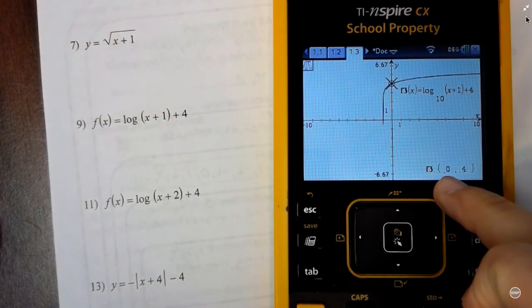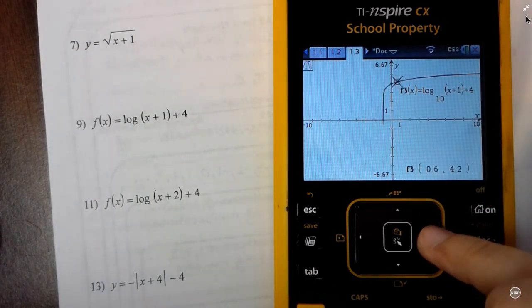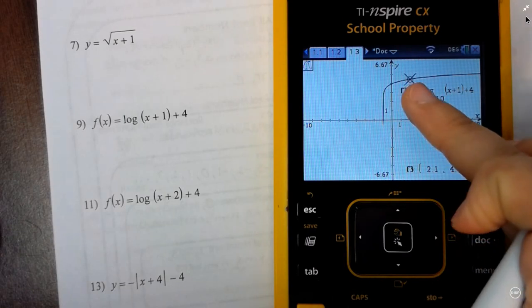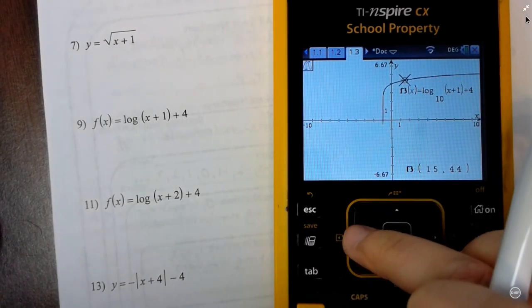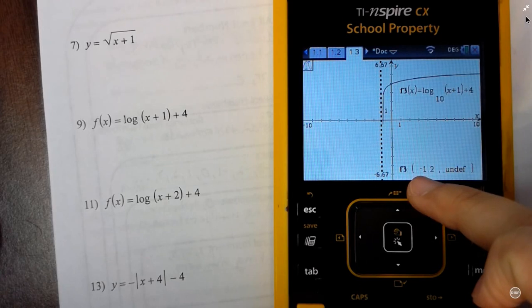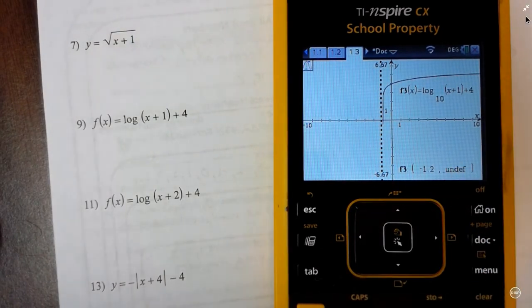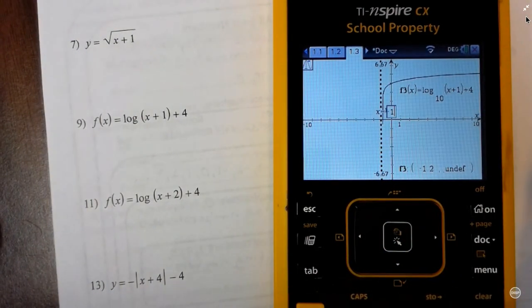So if I start with my domain, notice 0 is okay for an x value, and I can keep going to the right so my x's can keep getting bigger. Let's see how small I can go. Okay, so negative 1.2 is already undefined. So let's try negative 1. And you can just start typing whatever value you want to test.